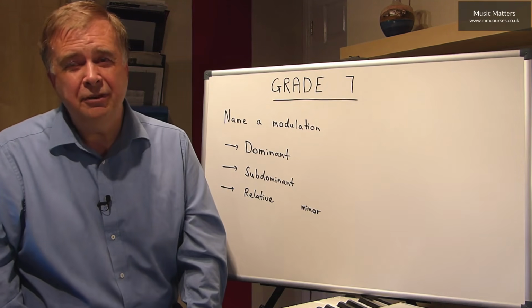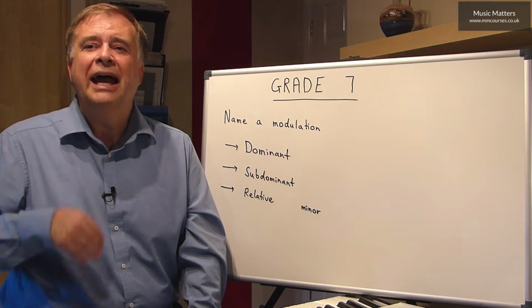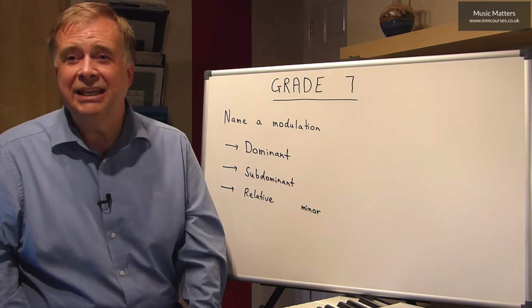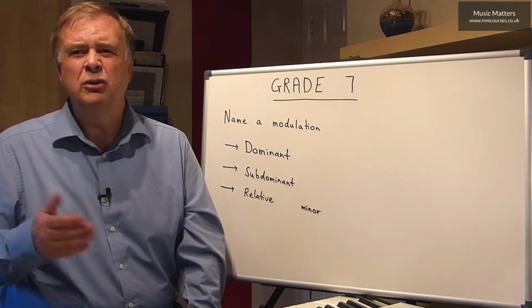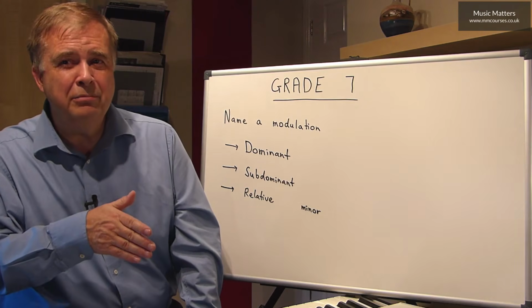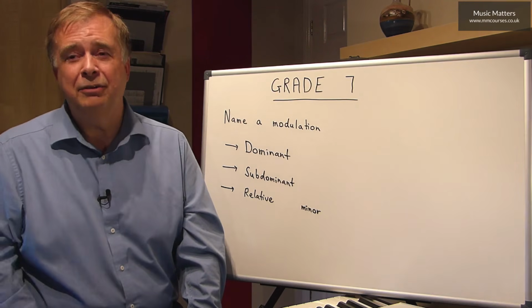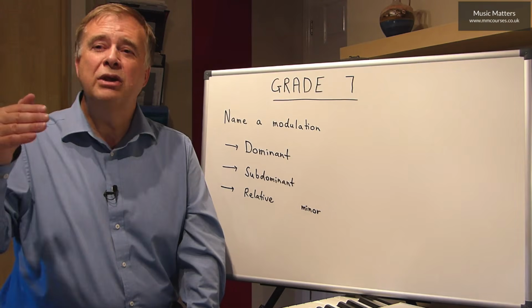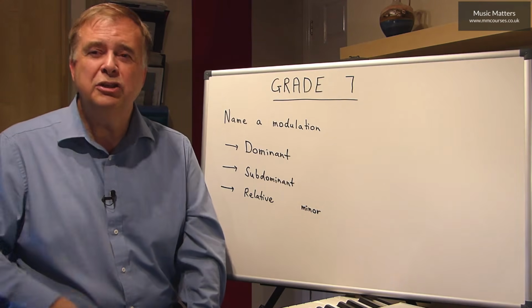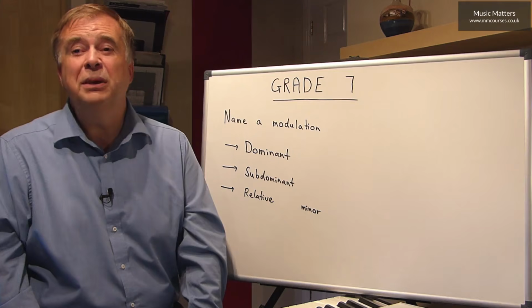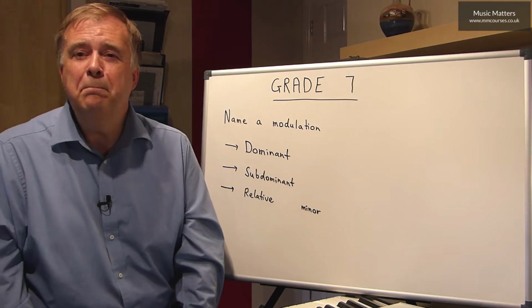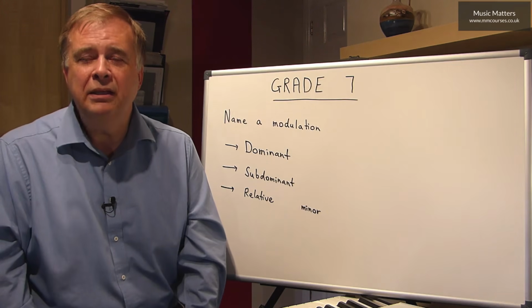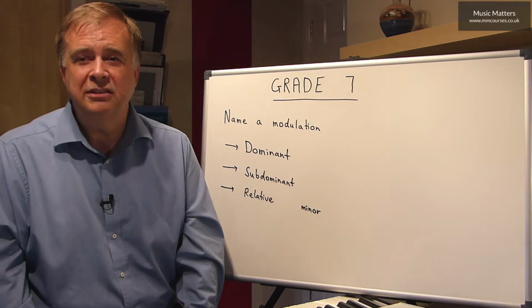Now you've got to be a bit careful if you're naming keys, because as we increase the flats or sharps in a key signature, you may find that you're not in B minor, you're in B flat minor. So be a little bit careful about that if you're going to name keys. But if you want to think in keys, the relative minor is always a 3rd below its relative major. To be specific, it's always a minor 3rd below its relative major.